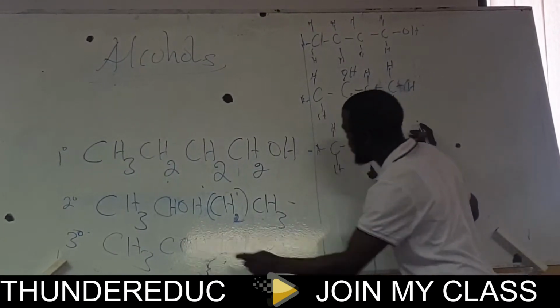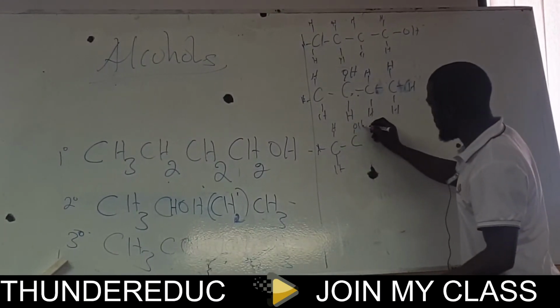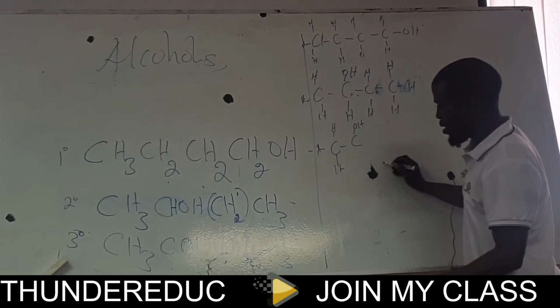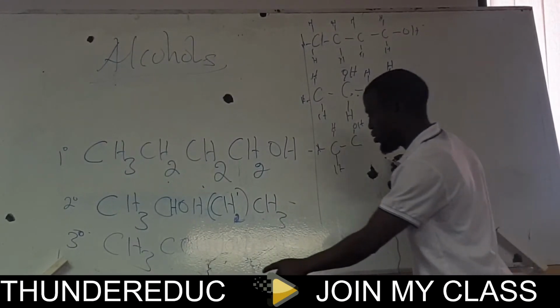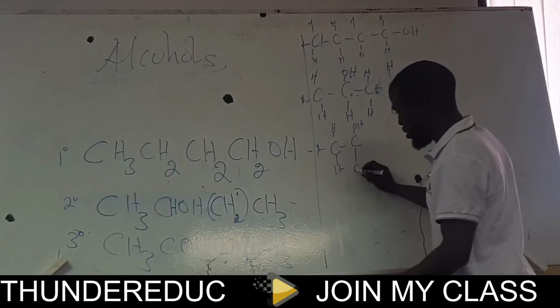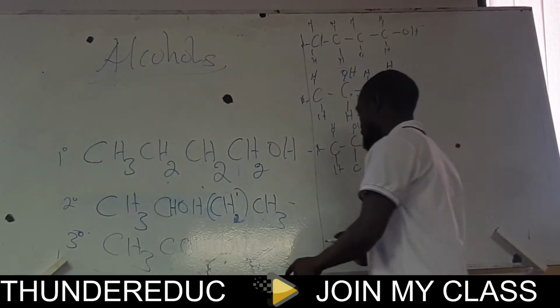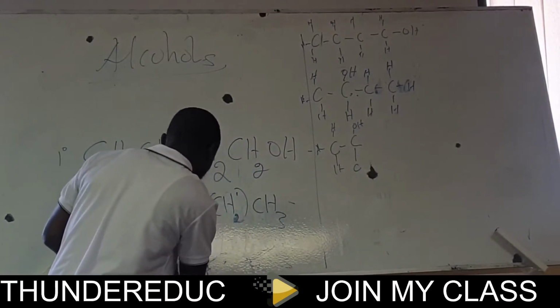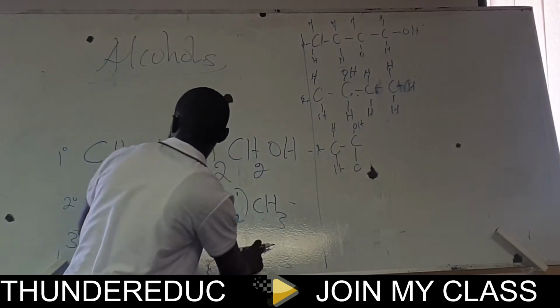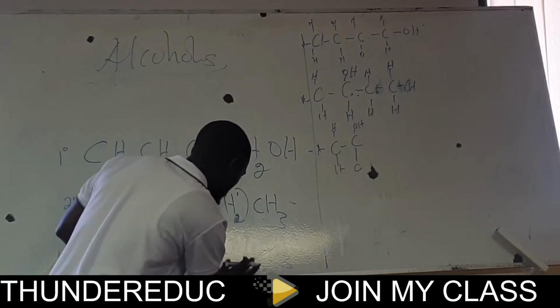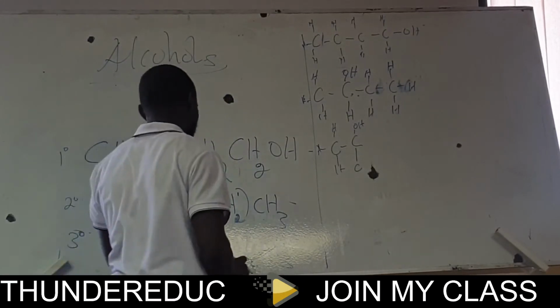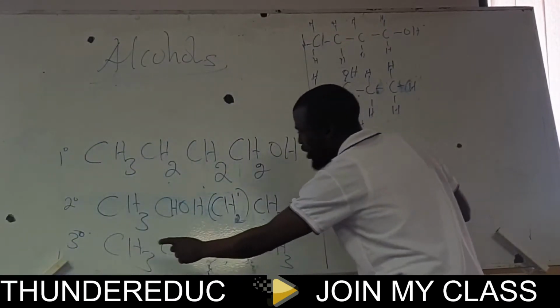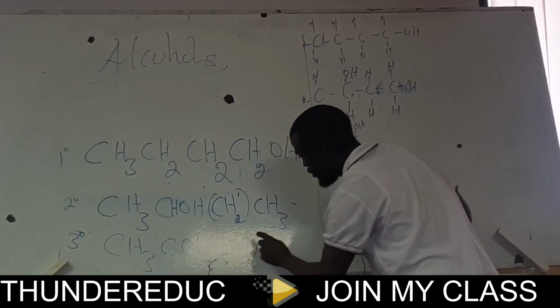This one is having OH. I see. So it has, okay, let me, it's 1, 2, 3, 4. It's fine. Let me do it like that. I've added more than what is needed. 1, 2, 3, 4.